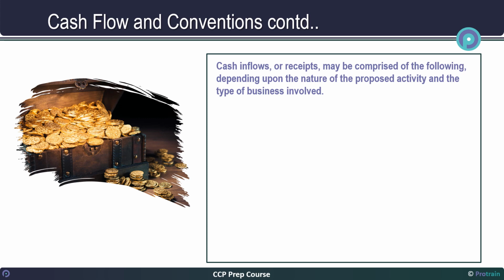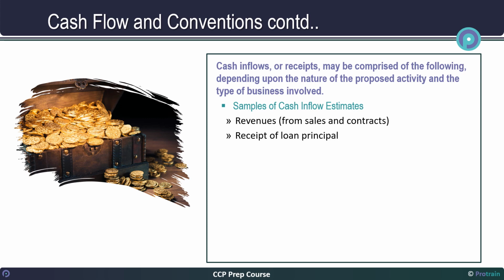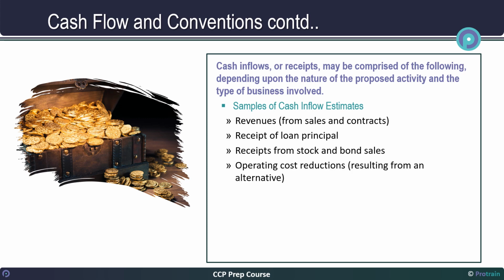Samples of cash inflow estimates are revenues, from sales and contracts, receipt of loan principal, receipts from stock and bond sales, operating cost reductions, which may result from an alternative, salvage value, construction and facility cost savings, income tax savings.